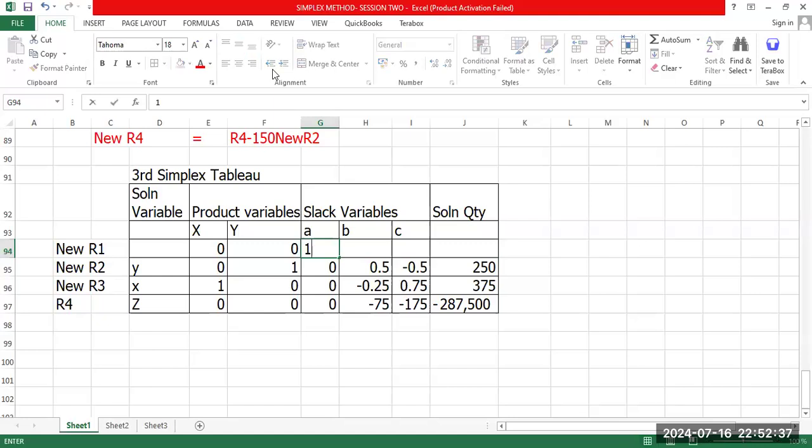One, one, one, another one. Negative 0.5. Then for C, say 0. Zero.